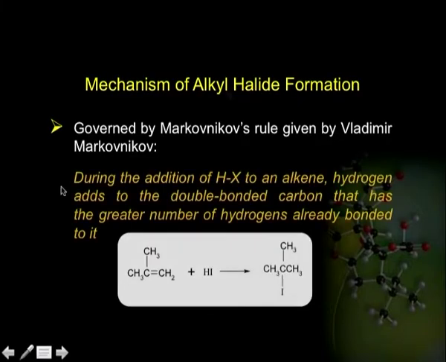This rule states that during the addition of HX to an alkene, hydrogen adds to the double bonded carbon that has the greater number of hydrogens already bonded to it. So, if we look into it, we will be able to rationalize this rule. We have this substituted butene with us, and HI is the hydrogen halide we are using.